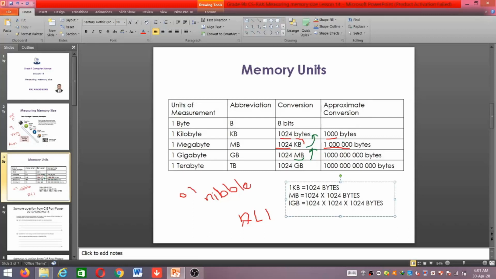So if I am writing 1 TB, 1 TB or terabyte, this will be 1024 multiplied 4 times.